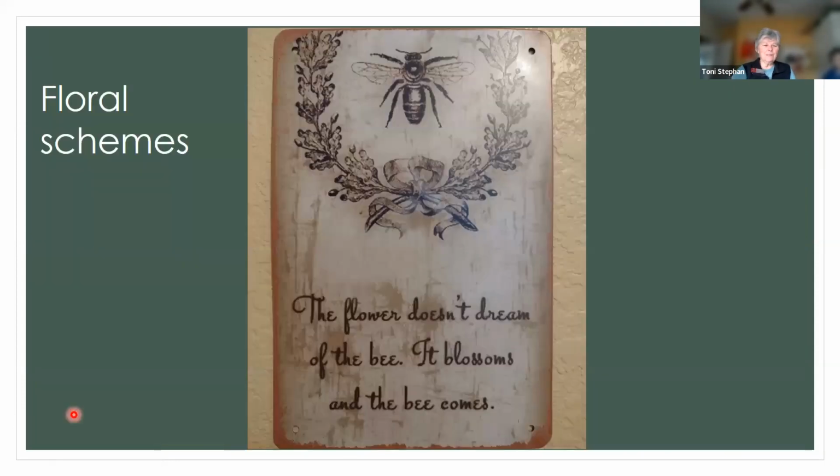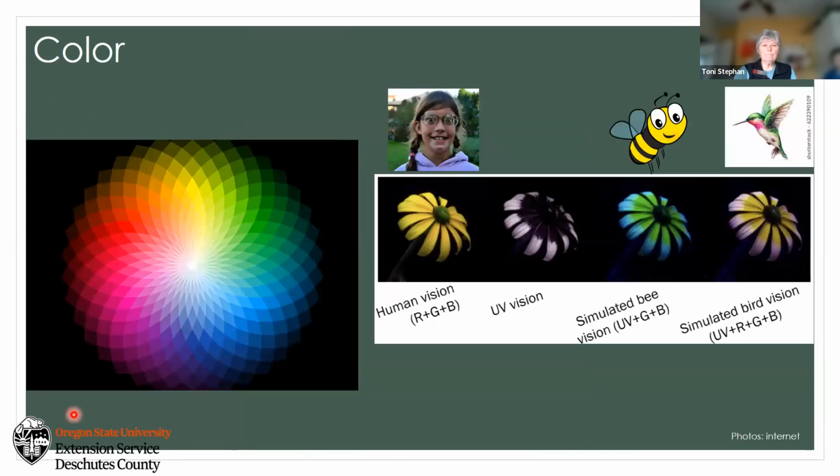So there's a lot of competition among plants to attract the various pollinators. In order to lure these pollinators and bees in, plants have devised schemes to do that. One of these schemes is color.